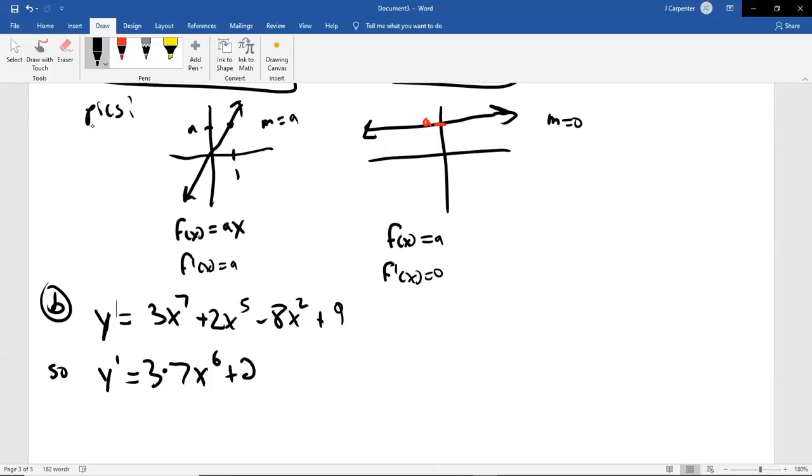Plus, leave the coefficient of 2 out front. Apply the power rule to x to the 5th. Drop the 5 out as a product, leave your x, decrease its exponent by 1, so 5 minus 1 is 4. Minus, leave the 8. Now this x squared, take the exponent and put it in front, so that's 8 times 2. Then decrease the exponent by 1.